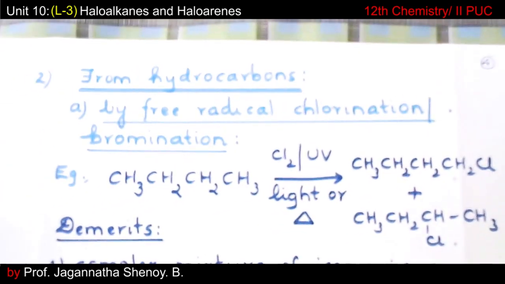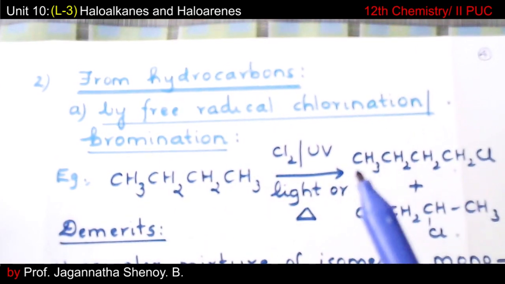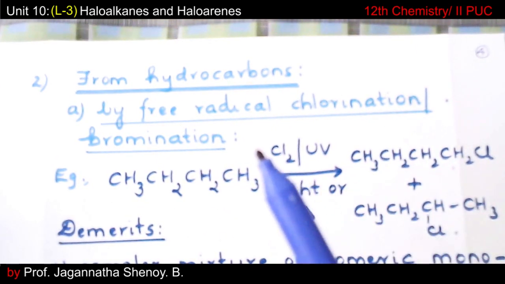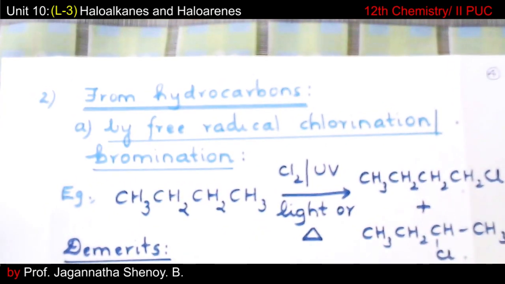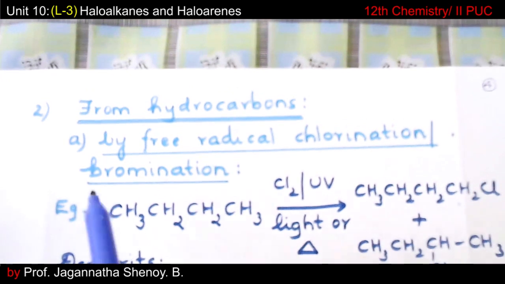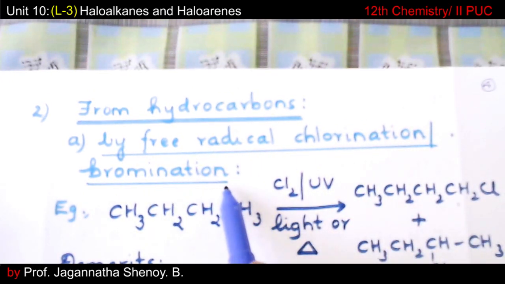Now, next, we will start studying about preparation of haloalkanes starting from hydrocarbons. First reaction we are going to consider is by free radical chlorination or bromination. You have already studied about chlorination of methane in class 11 under hydrocarbon chapter.